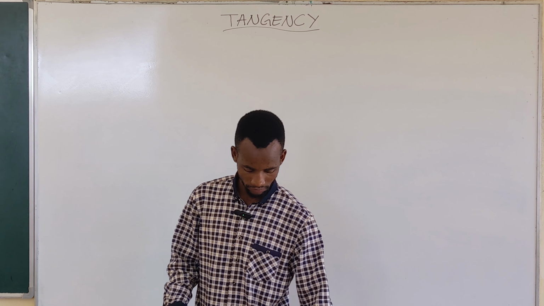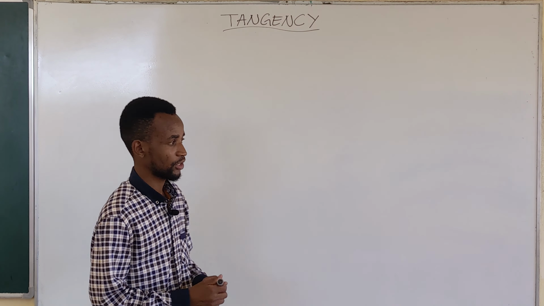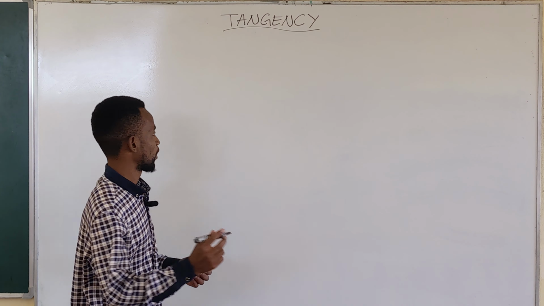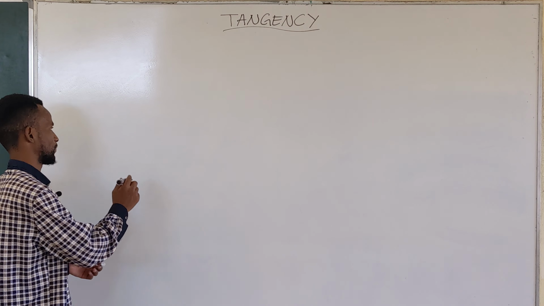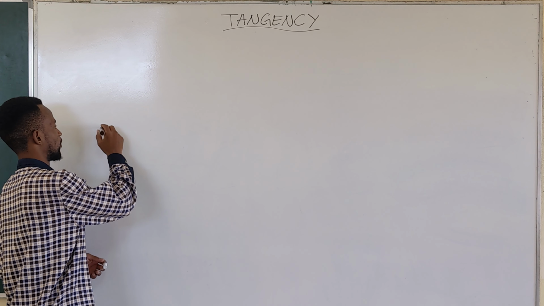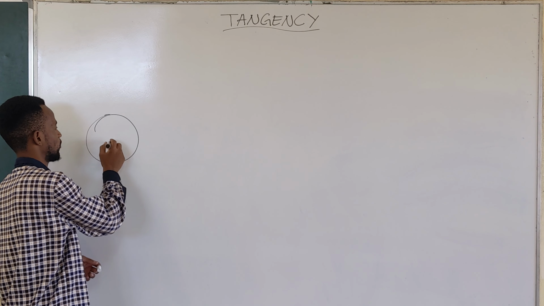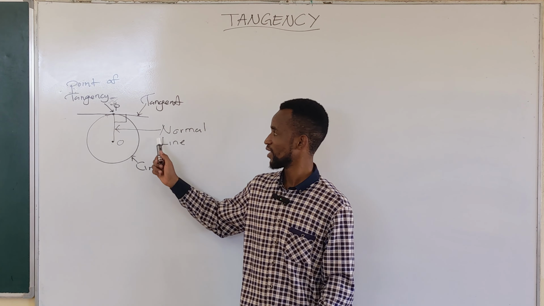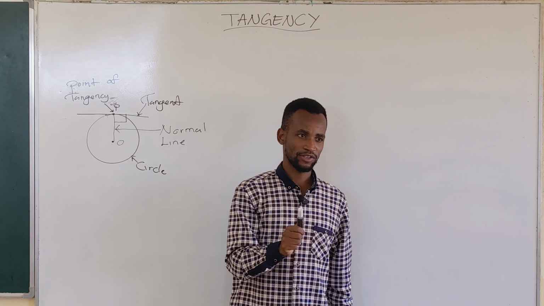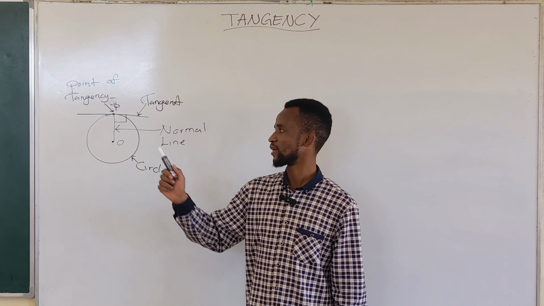We have different properties of a circle, but when you talk of a tangent, we can consider a circle like this one here. A tangent line is a line that meets the circumference of the circle at only one point.